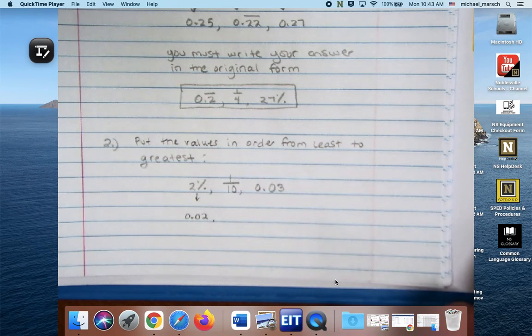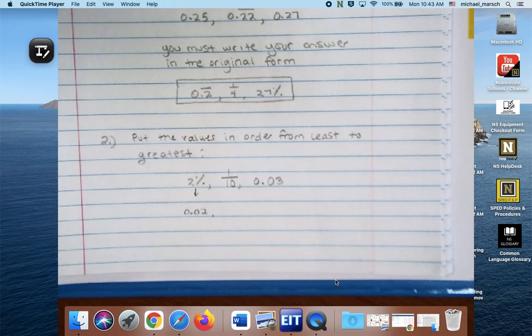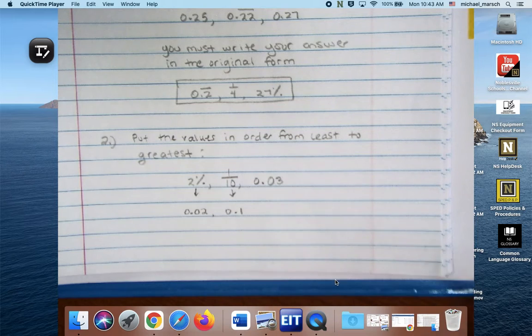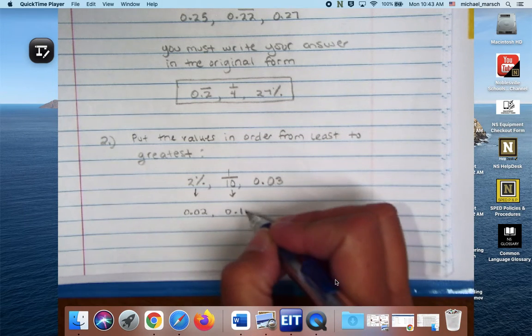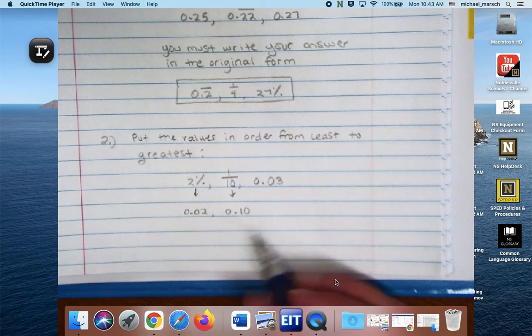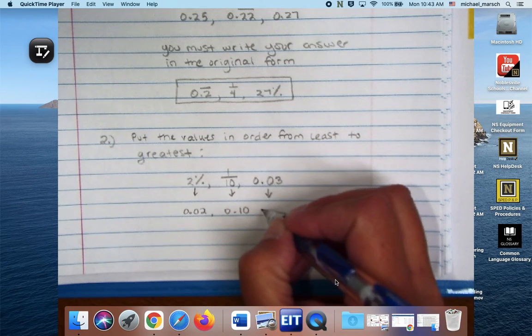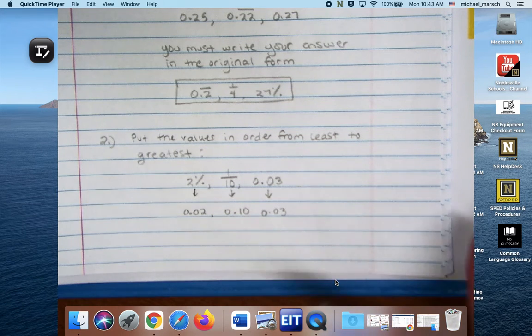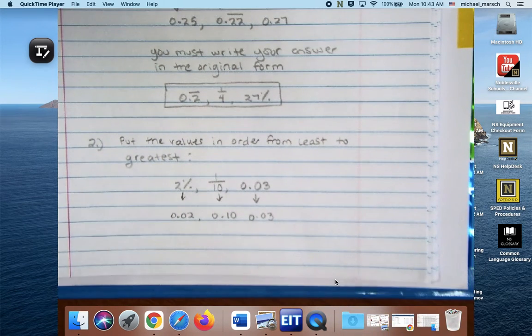Okay. And what is 1/10 as a decimal? Keegan? 0.10. And we're going to try to make sure we have the same number of decimals so it's easy to compare. And then, of course, we have 0.03. So what will my final answer be from least to greatest?